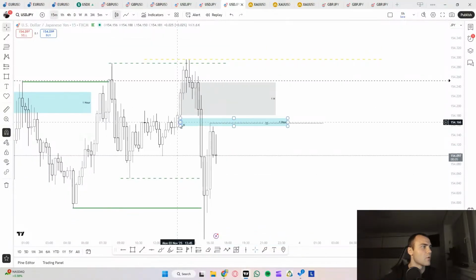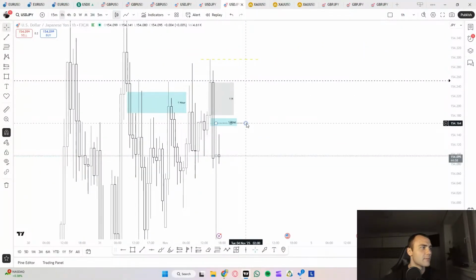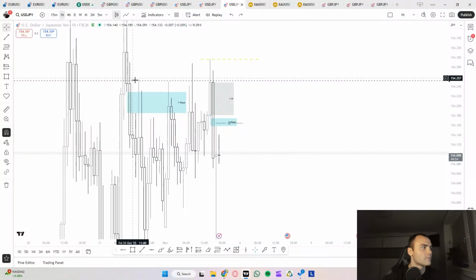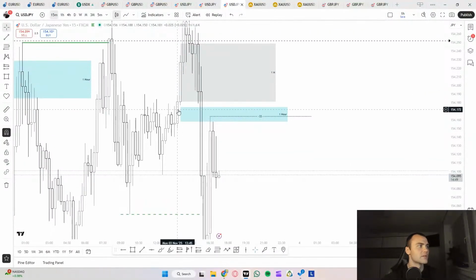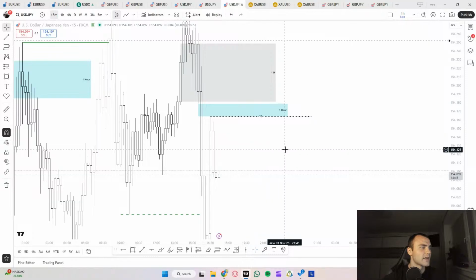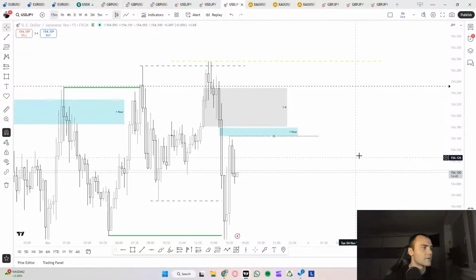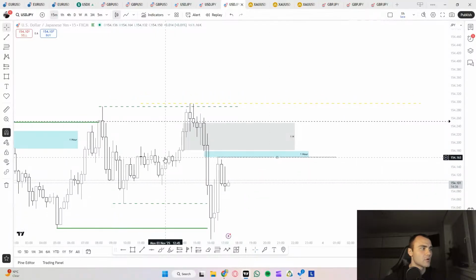I do not understand why the 1 hour level with the 50 minutes level doesn't match. Maybe it's some bug of TradingView. But yeah, this is basically the imbalance that has liquidity on 1 hour and 50 minutes. And then we got this other block, this breaker block.